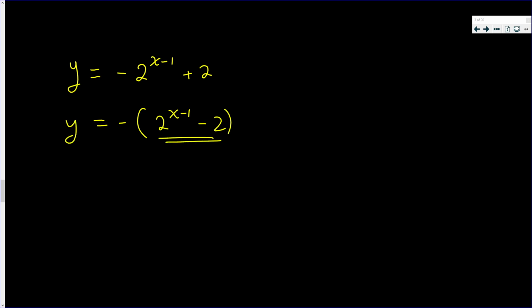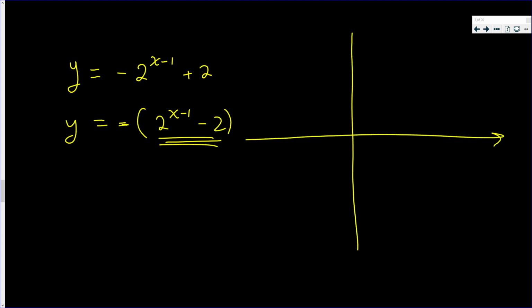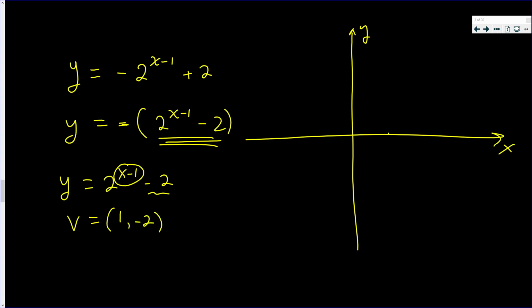Let's graph this, and then we'll graph the negative of that. X, Y. So we're going to first graph 2 to the x minus 1, minus 2. The vertex is what makes that 0, which is 1, comma, what does that say? So I go to 1, negative 2.